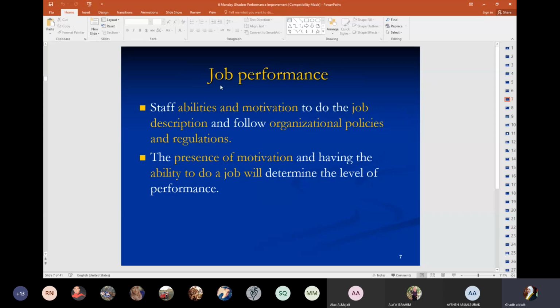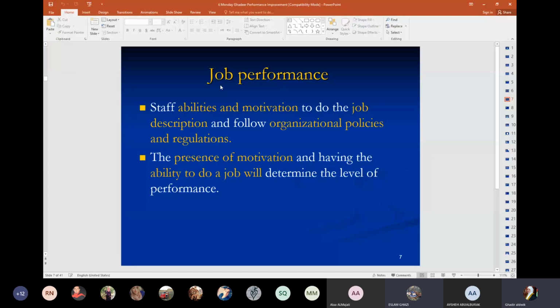Who can define job performance? Islam, yes, sure, please. Staff abilities and motivation to do the job description and follow organization policy and regulation.